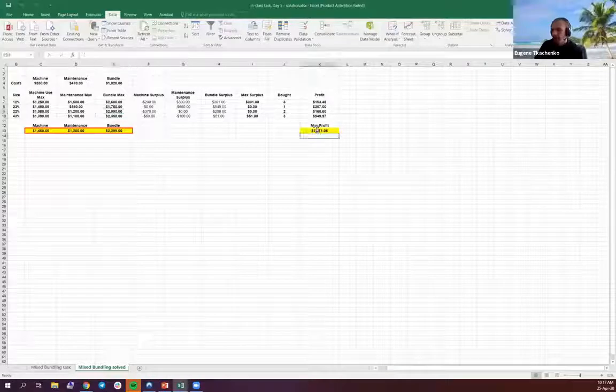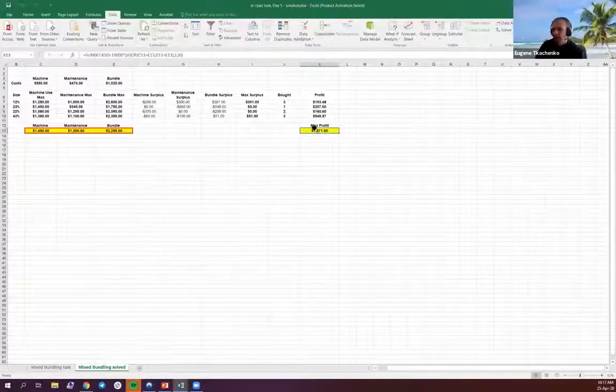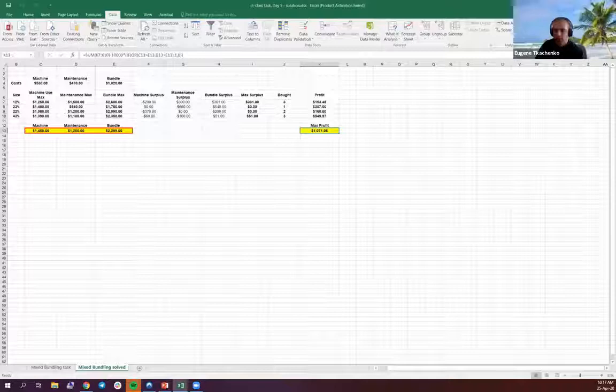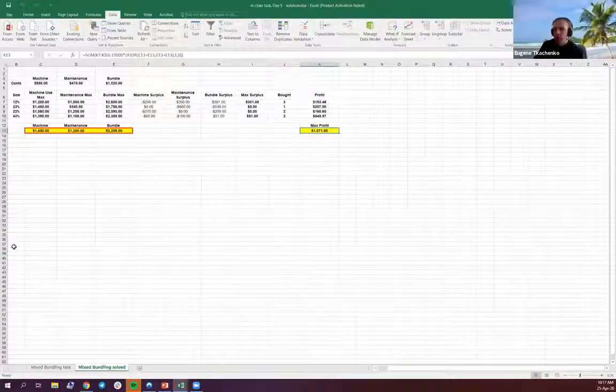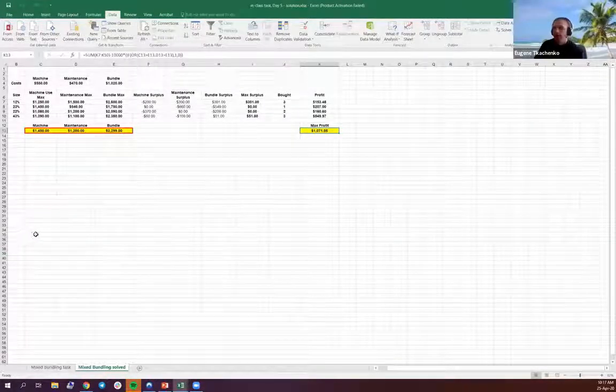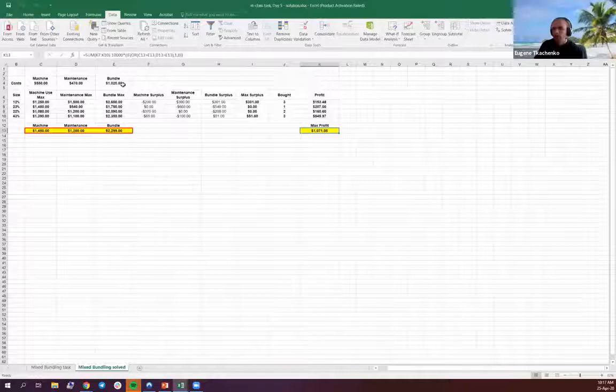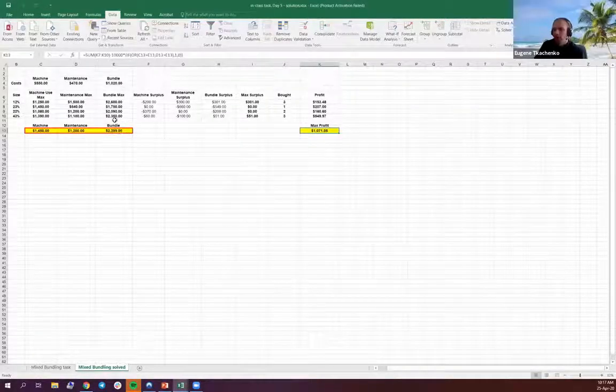So again, something to think of, because I believe the most accurate answer would be closest to 1,000, and maybe like 900 in this case. It's just a matter of adding more and more assumptions, as well as making sure that the new prices are not surpassing the prices in the bundle max column.